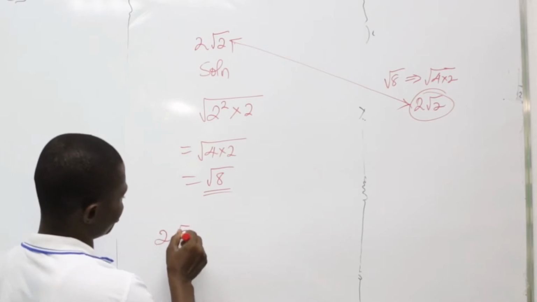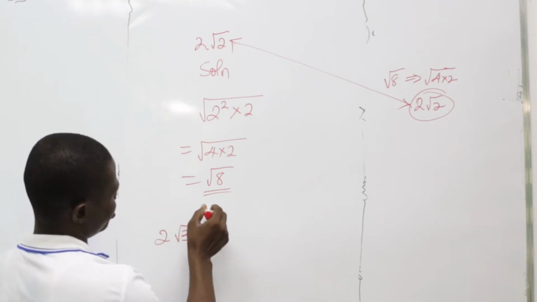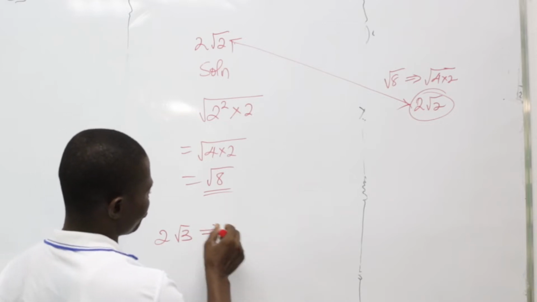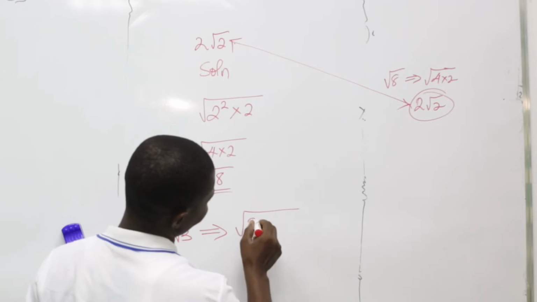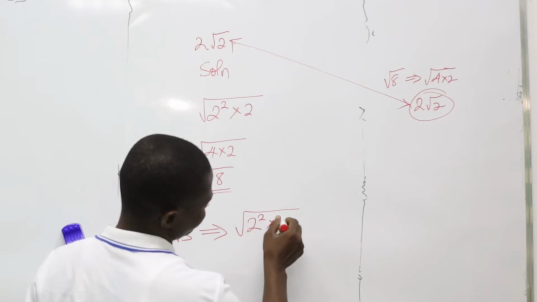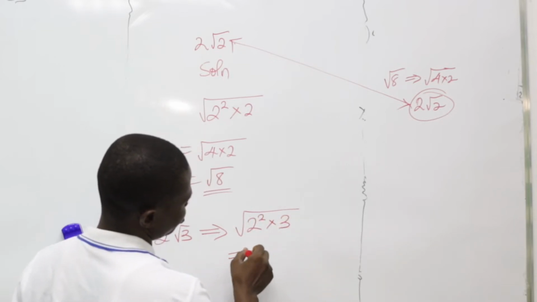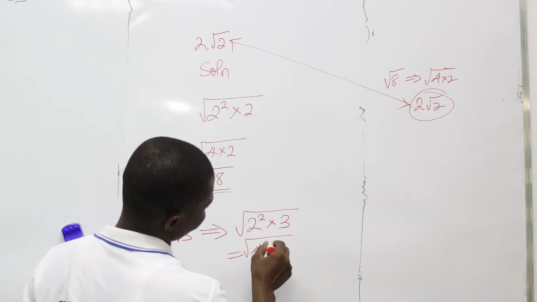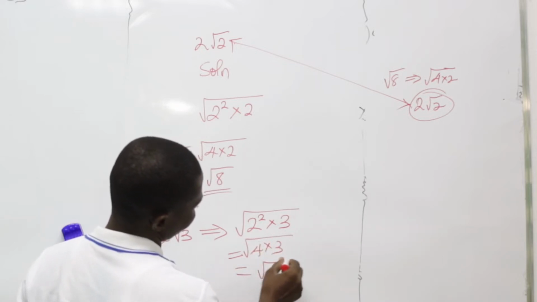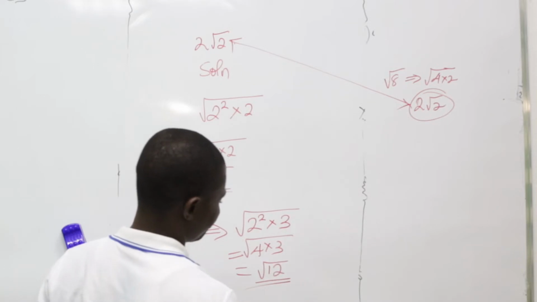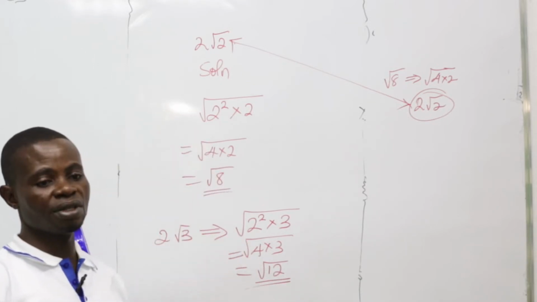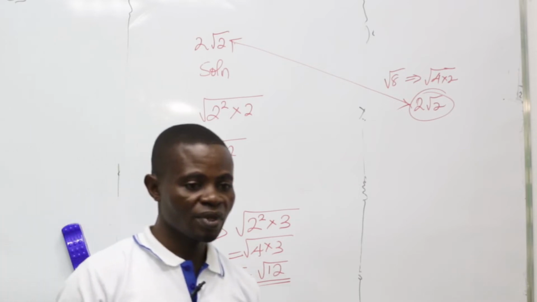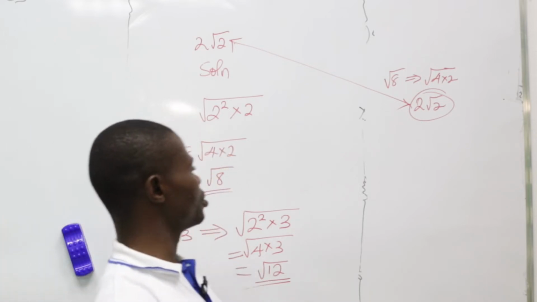2 root 3. This will imply 2 squared multiplied by 3 to give us what? 4 times 3 equals what? Root 12. So root 12 is the answer to this question. The next we have 6 root 2.